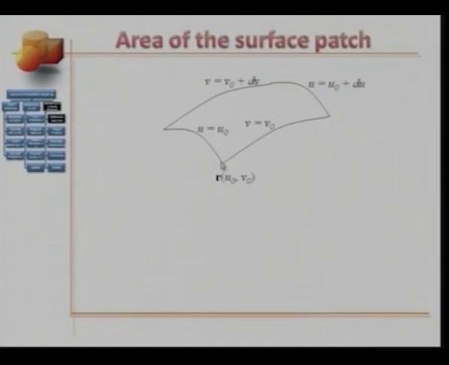Let's say this point is the position vector r at u equals u sub 0 and v equals v sub 0, the values of the two parameters. This point here will correspond to r of u sub 0 plus du and v sub 0, and this point here will be r of u sub 0 v sub 0 plus dv.